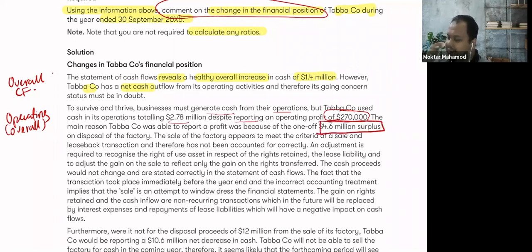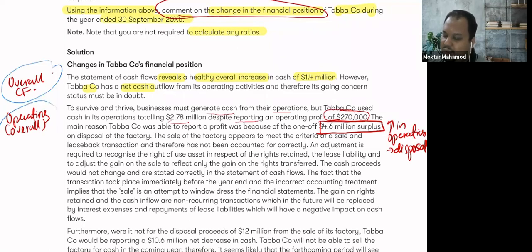Next point. Reason for increase in operation is due to the, macam kita cakap tadi, this disposal. Ni point yang lain. Maksudnya setiap I buat ni, you comment ni satu markah, you comment overall satu markah. Contributing factor untuk overall increase ni ada satu markah.